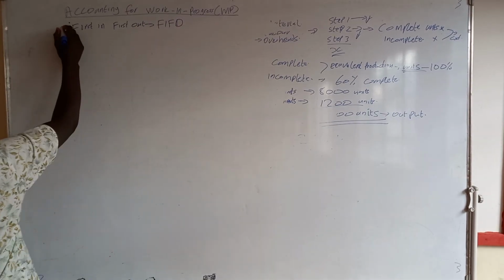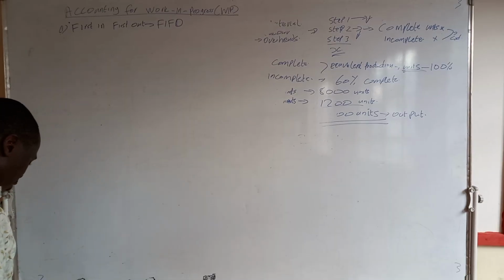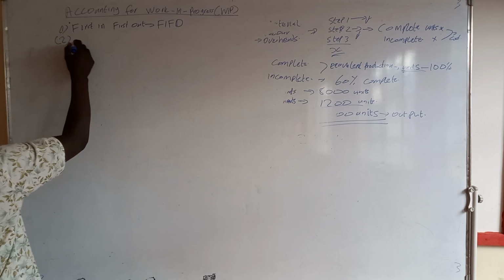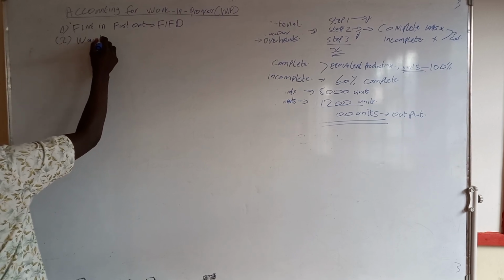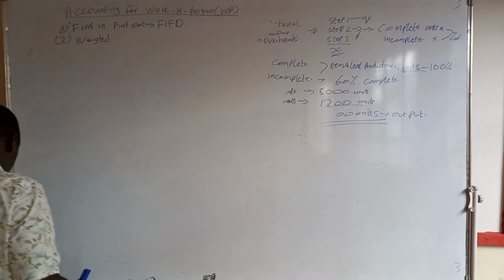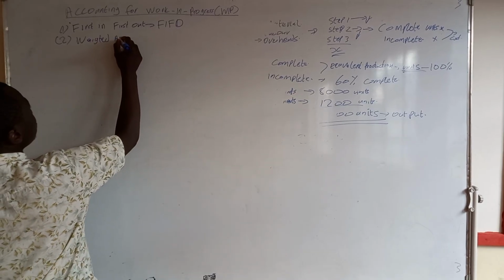This is method 1, and method 2 is the weighted average method.